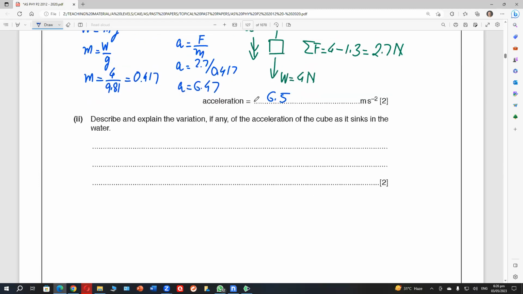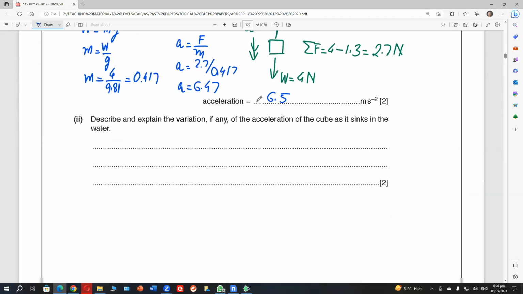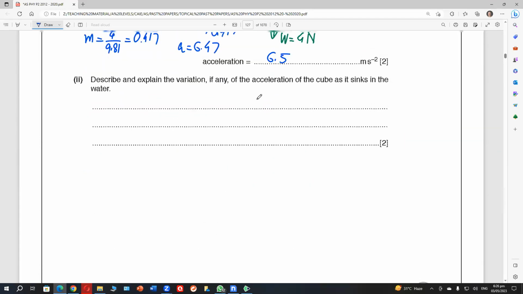Describe and explain the variation, if any, of the acceleration of the cube as it sinks in water. Obviously, initially we have done a calculation. He has highlighted the word initial. So as the cube will further go down, this is the weight, this is the upthrust.